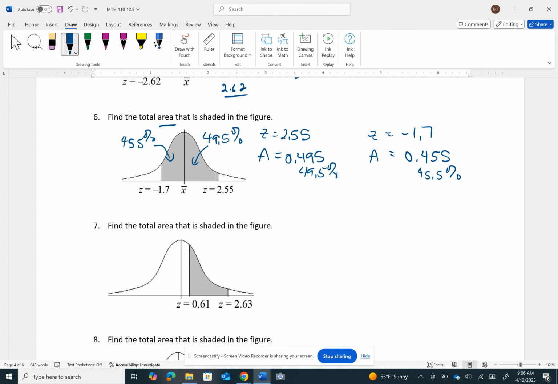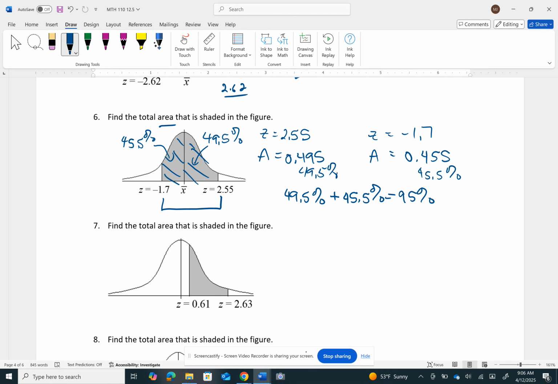Now, when you look at this picture, do you see how we would need to add those two to get the percent that would fall from the negative 1.7 all the way to the z-score of 2.55? All right, so we would add them. So we would expect 95% of the data to fall between those two.